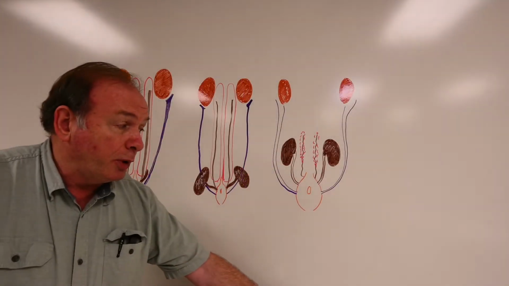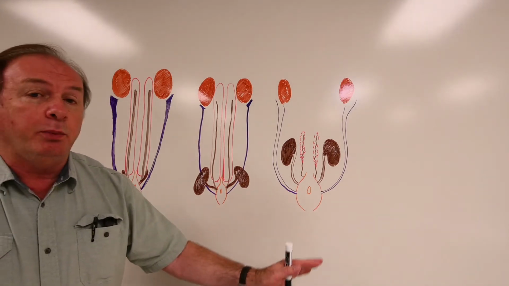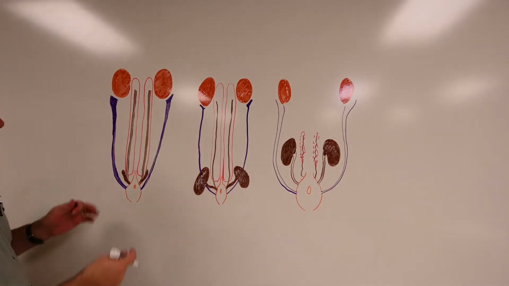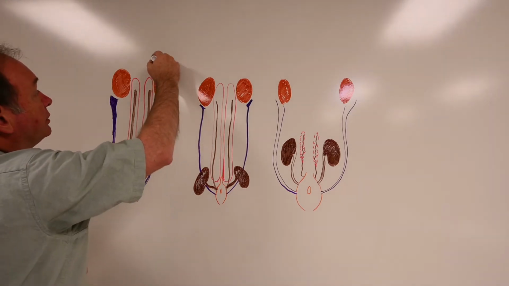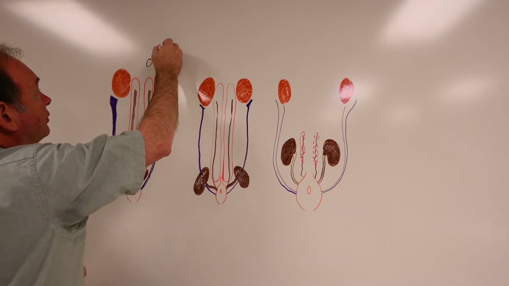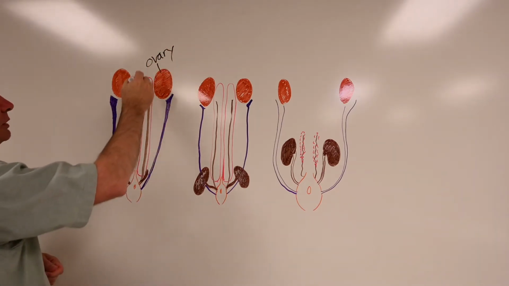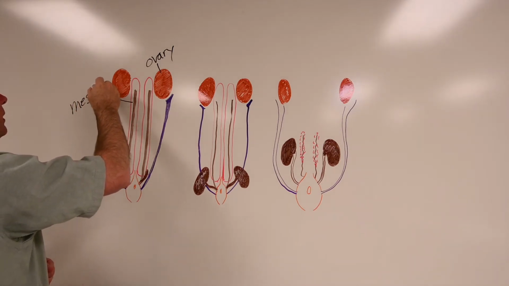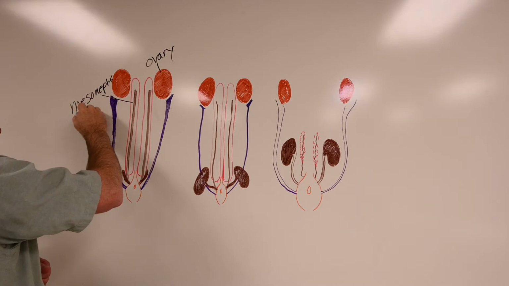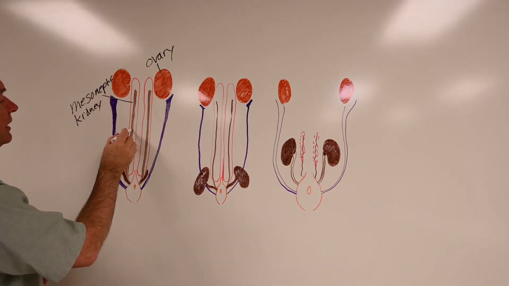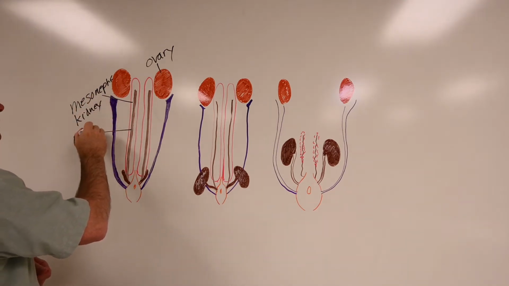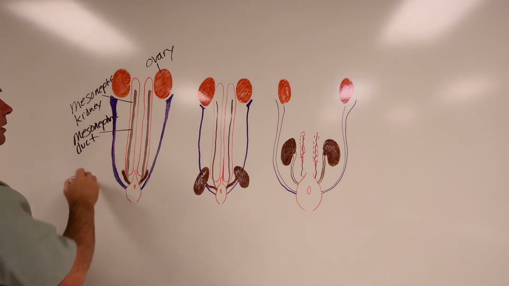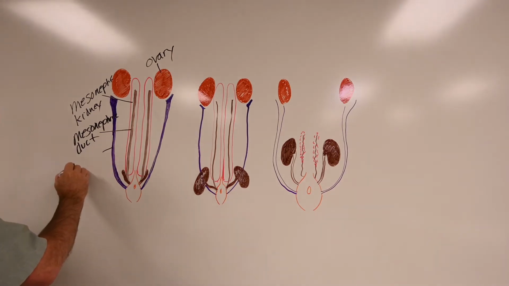Here we see three progressive stages in the early development of the female reproductive system. So if we designate this as being female and no longer undifferentiated, we know these are going to be ovaries up here. So here's an ovary. We still have a mesonephric kidney here. We have the mesonephric duct. We have the Mullerian duct.